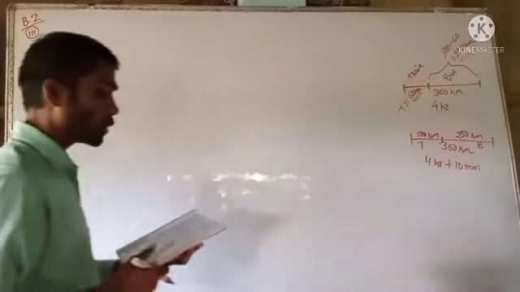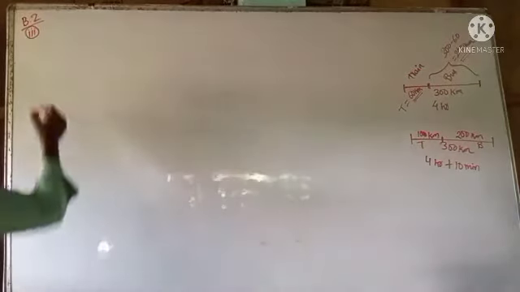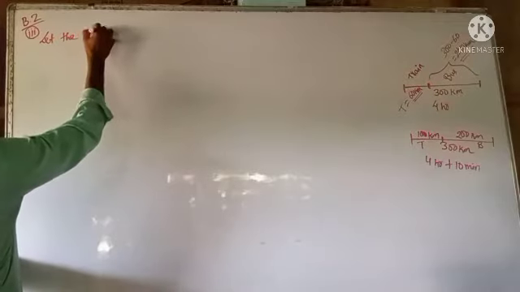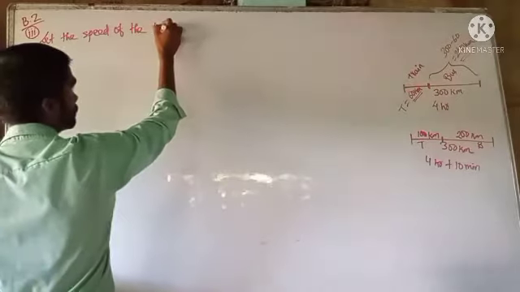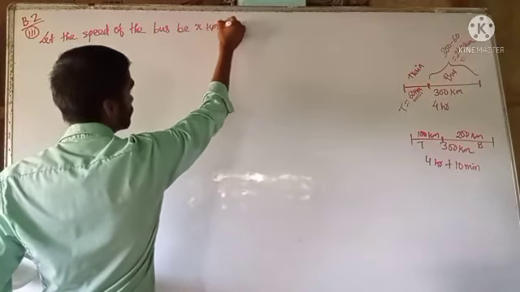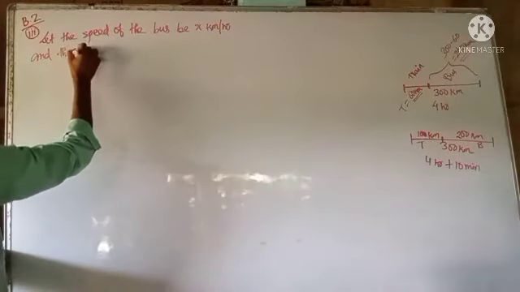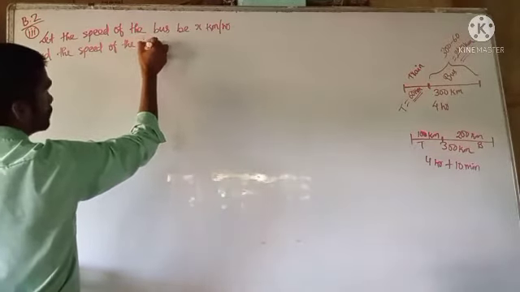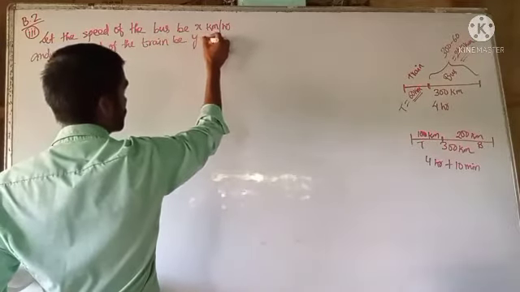Now we are asked to find what is the speed of the train and what is the speed of the bus. So we'll take here, let the speed of the bus be x kilometer per hour and the speed of the train be y kilometer per hour.